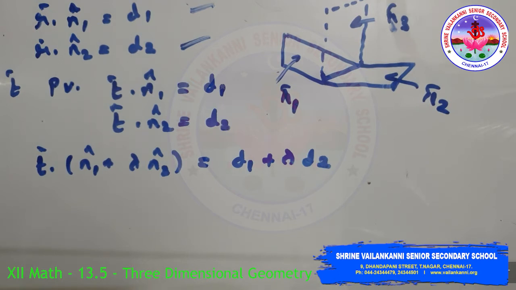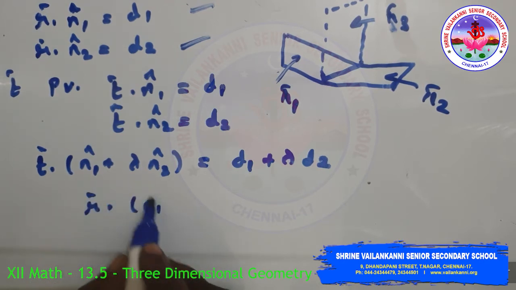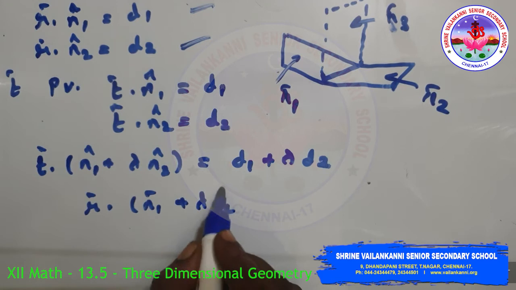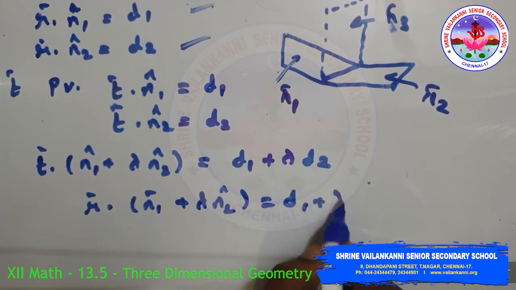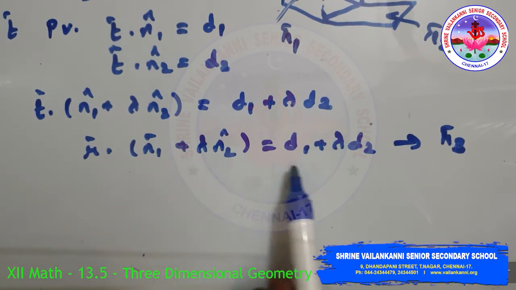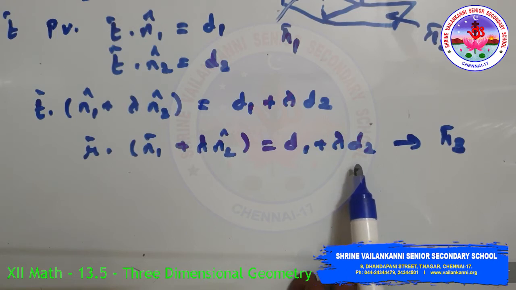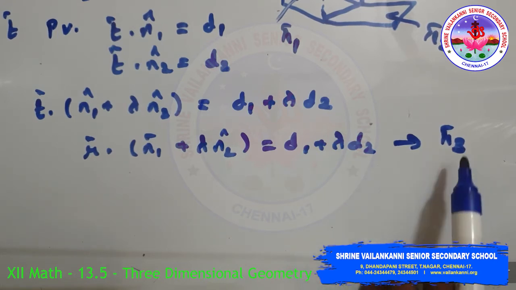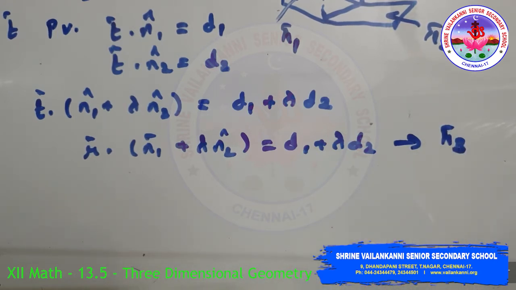Hence, the equation r dot (n1 plus lambda of n2) which is equal to d1 plus lambda of d2 represents a plane pi 3, which is such that if any vector r satisfies both the equations pi 1 and pi 2, it also satisfies the equation pi 3.